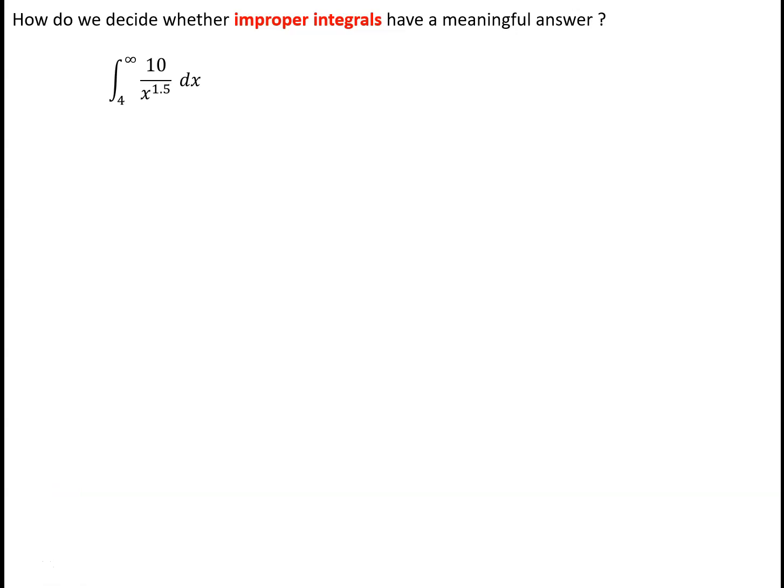Suppose then we've got the integral between 4 and infinity of 10 divided by x to the 1.5. Now again, this is an improper integral because the upper limit is infinite. And what we're going to do is we're going to consider the integral between 4 and n of 10 divided by x to the 1.5.